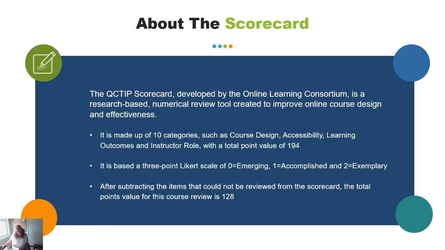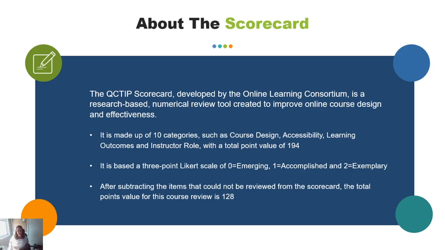So the QTIP scorecard was developed by the Online Learning Consortium, and it's a research-based numerical review rubric. It's meant to improve online course design and effectiveness. It is made up of 10 categories such as course design, communication, learning outcomes, instructor roles, with a total point value of 194.